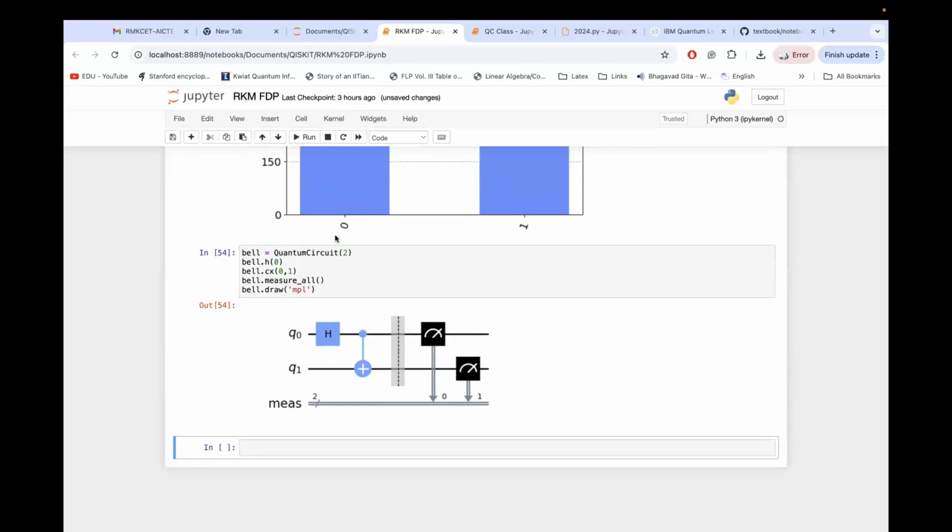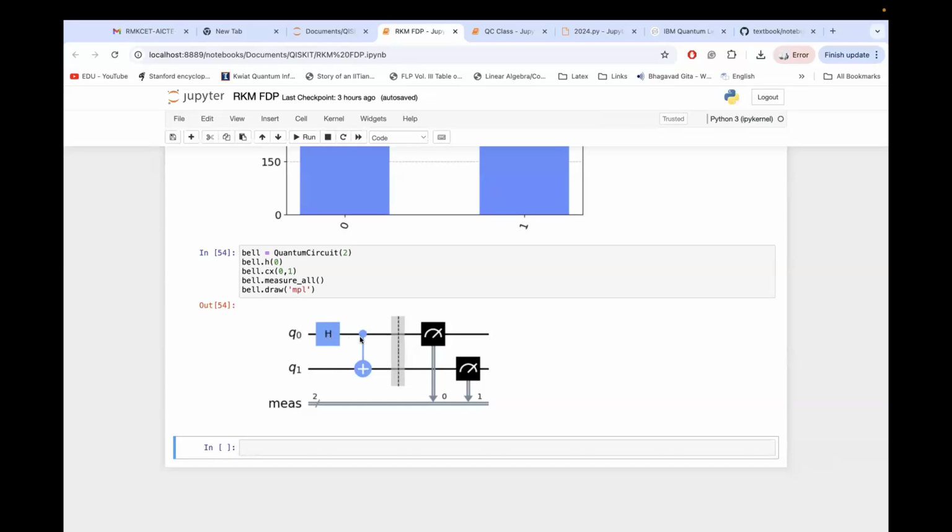Here we have 2 qubits and the circuit is named as bell, and bell dot h of 0 means it is going to apply Hadamard operator on the first qubit. Initially both the qubits were in the 0 state. Now when I apply a Hadamard operator to the first qubit, I'm not doing anything to the second qubit. So that means the identity operator is acting on the second qubit. And when I apply the Hadamard operator, the first qubit will be left in the quantum superposed state. That is, it is 1 by root 2, 0 plus 1, but 0 plus 1.